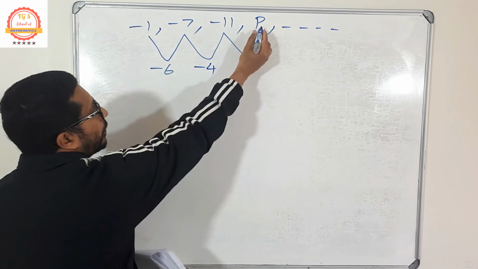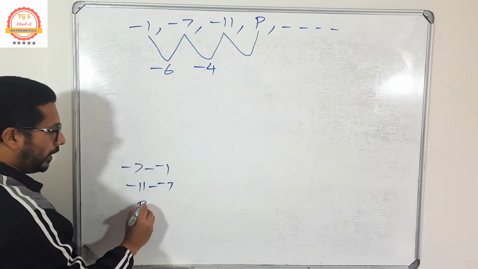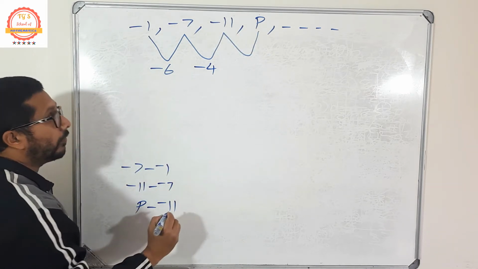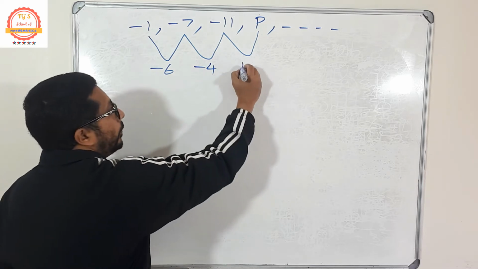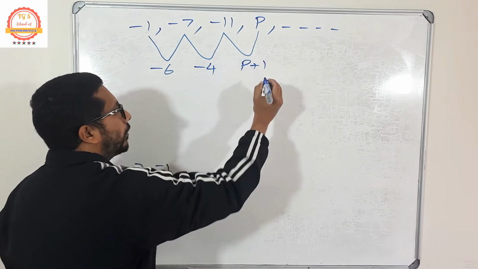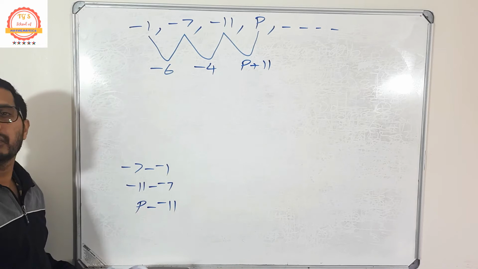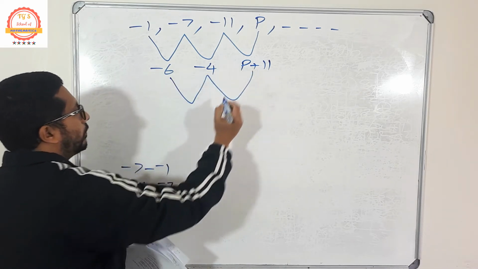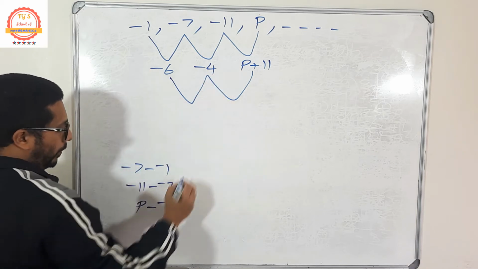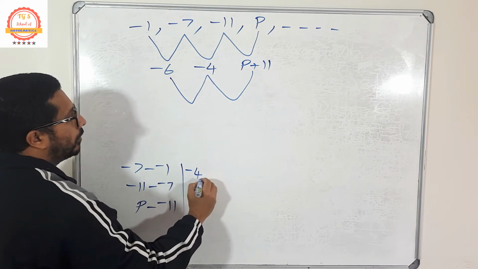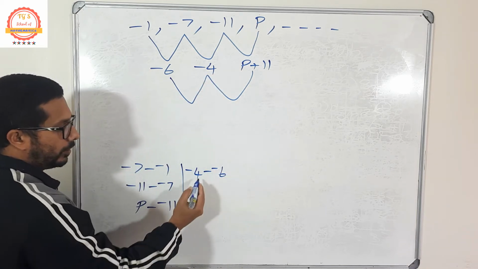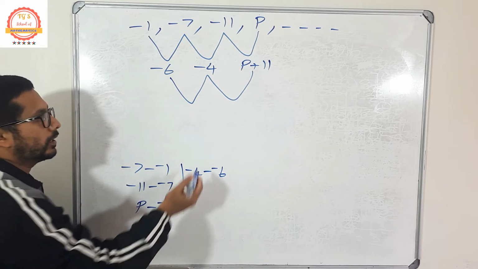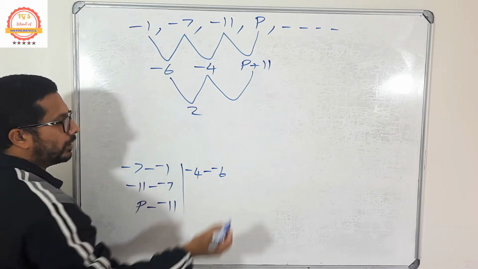Then the next one is p minus -11. That means it is p plus 11. Now let's find the second difference. What is the second difference here? -4 minus -6, that means -4 plus 6. Check in your calculator, the answer is 2.